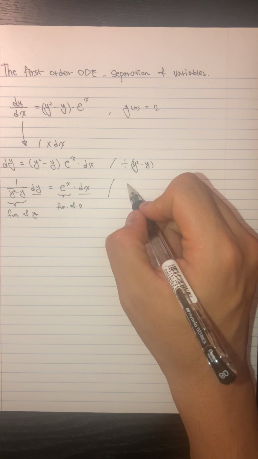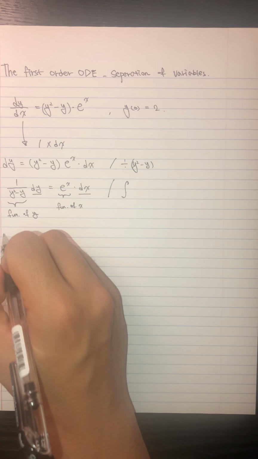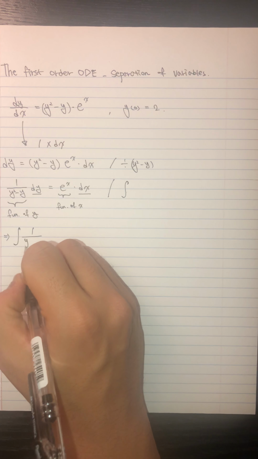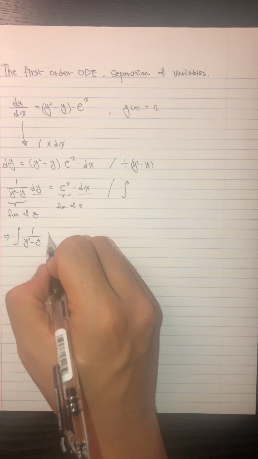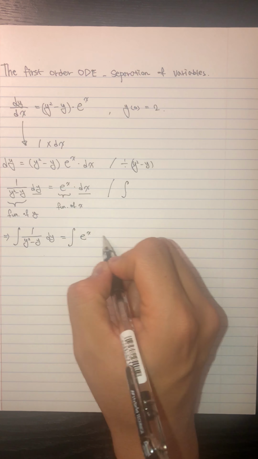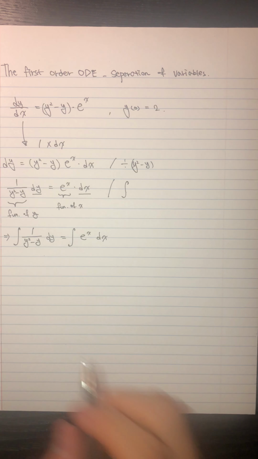So integrate the whole equation: integral 1 over (y squared minus y) dy equal to integral exponential x dx.